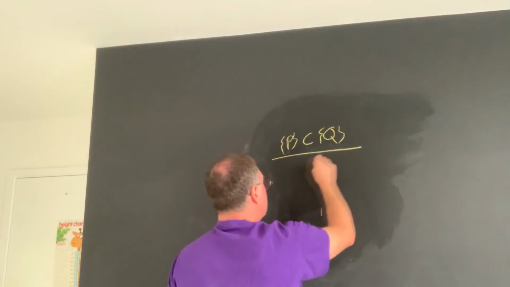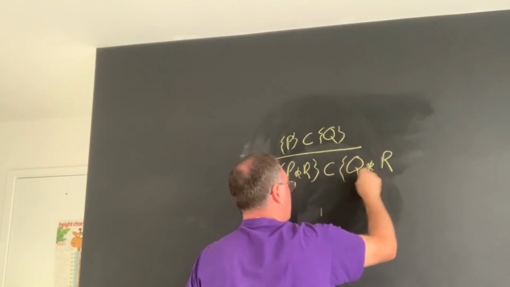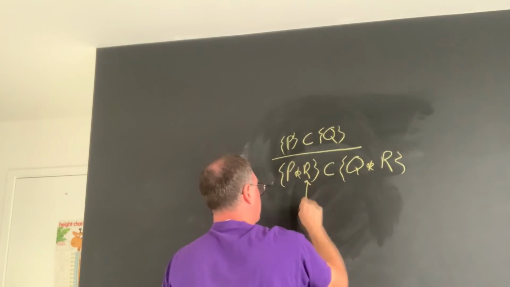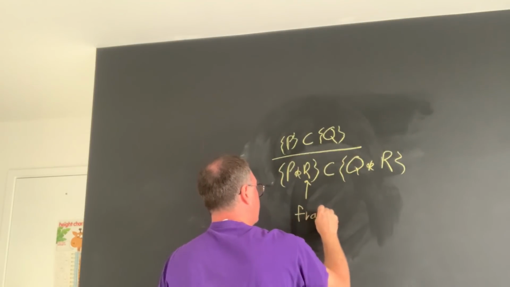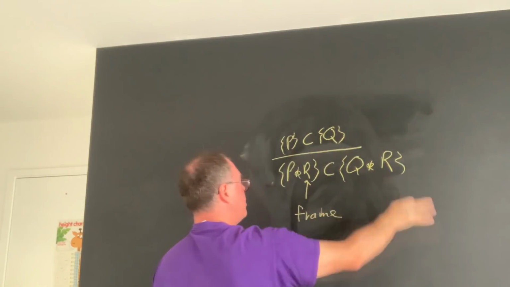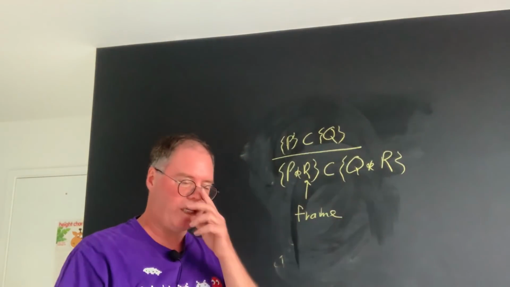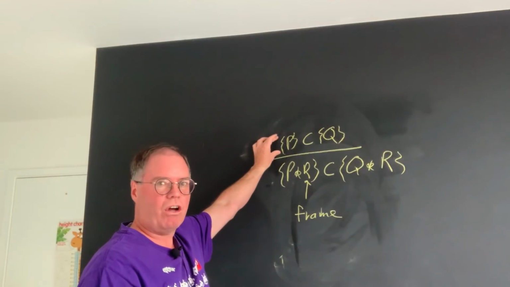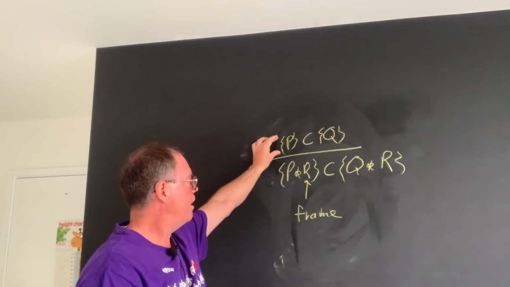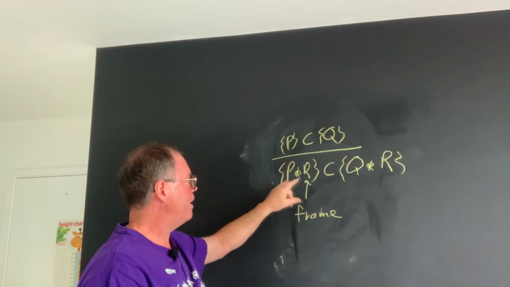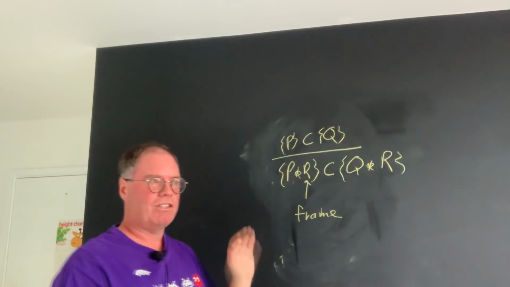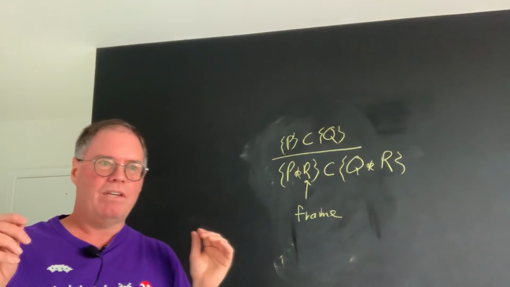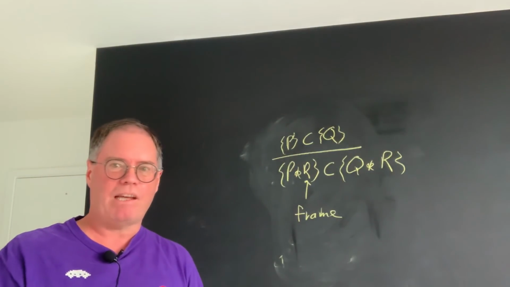Then there's a fundamental inference rule where this thing is called the frame. And this whole thing is called the frame rule of separation logic. What this says, if I do a mutation on a little bit of memory, then I can extend it to any bigger memory. So there's a principle of executing programs called in-place update.